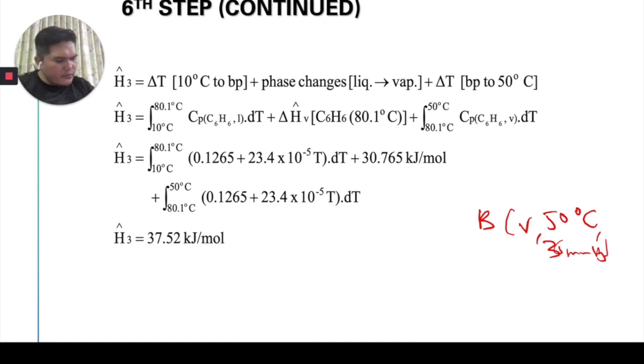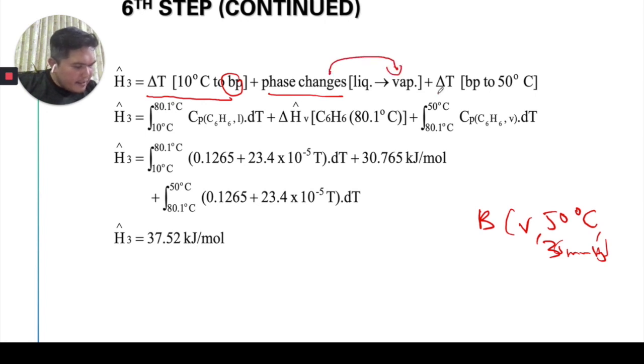So what we have to do is draw the hypothetical process path: the change of temperature from 10 degrees to the boiling point, then the phase change from liquid to vapor, and then another change from the boiling point to 50 degrees Celsius.